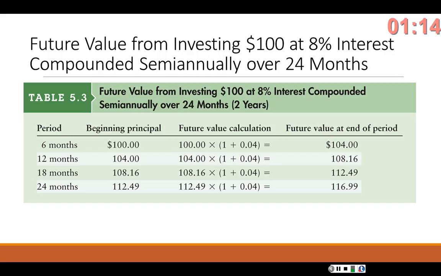Remember whenever we did this problem at the beginning of the lecture, we said $100 deposited at 8% interest compounded annually for 2 years was $116.64. Now we're looking at it being compounded semi-annually, so twice per year, every 6 months.